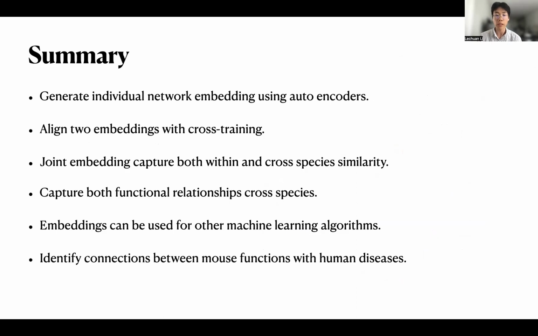And the joint embeddings are shown to capture the functional relationship across species, and this can also be used for other machine learning algorithms to predict more complicated gene relationships. And finally, it can also identify connections between mouse functions and human diseases.